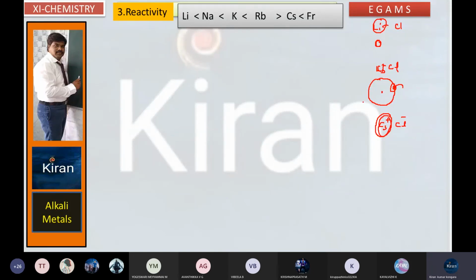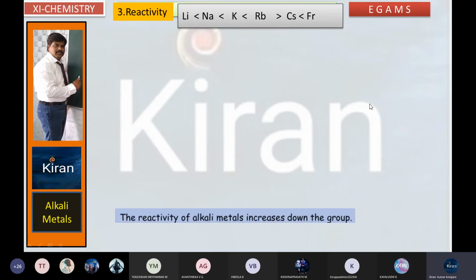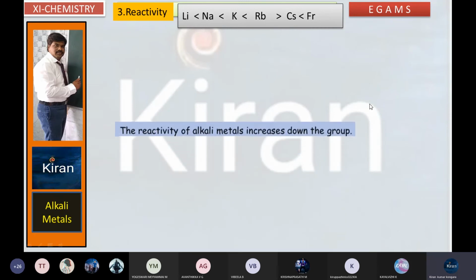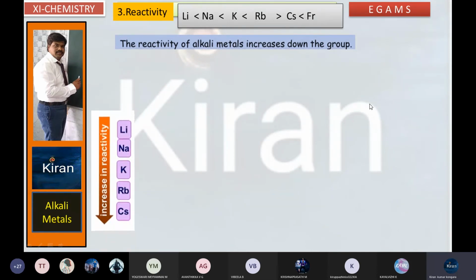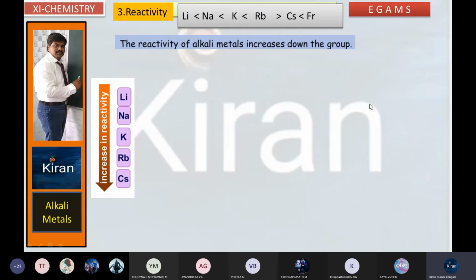The reactivity increases from top to bottom in alkali metals. The reactivity of alkali metals increases down the group: lithium, sodium, potassium, rubidium, cesium and francium. Among these, lithium is a smaller atom and cesium is a larger atom.